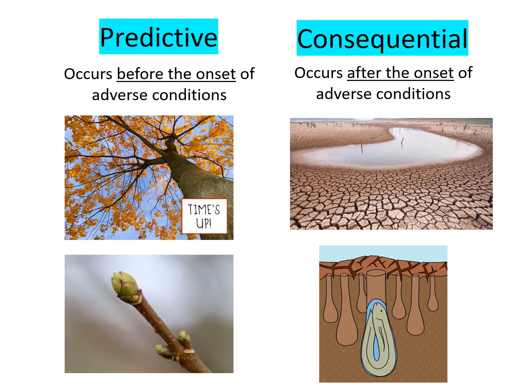So the second type is consequential dormancy, and this occurs after the onset of adverse conditions. And we can see this in lungfish, where the animal only enters a dormant state after drought has occurred rather than in advance. So when this seasonal drought occurs and the water dries up, the lungfish is going to burrow down into the mud, it's going to make a cocoon around its body, and it's going to slow down its metabolic processes to conserve energy.